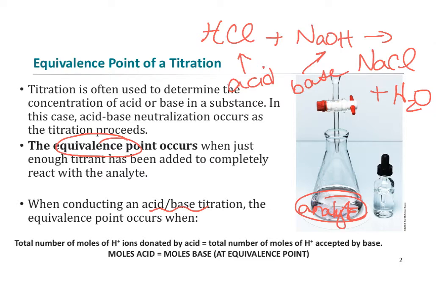In other words, when enough of the titrant, that's the stuff that's in the burette, has been added to completely react the analyte, that is considered the equivalence point. And so being an acid-base titration, at the equivalence point, you would expect it to be neutral, okay? The point when you have neutralized all of the unknown acid with a base, or vice versa.